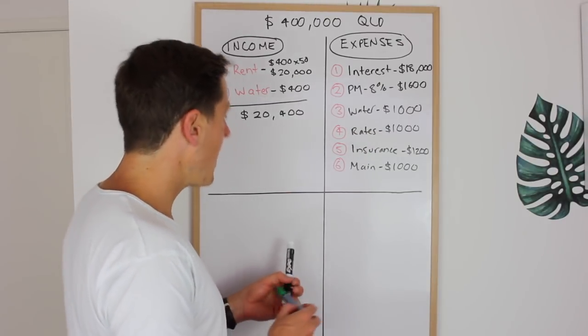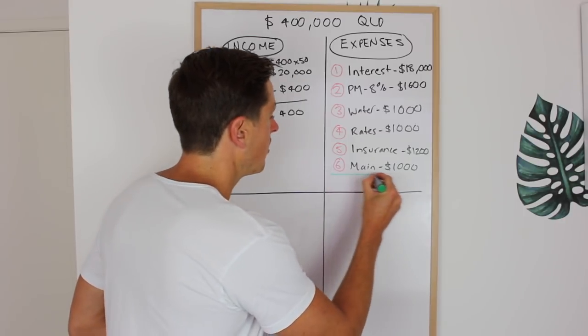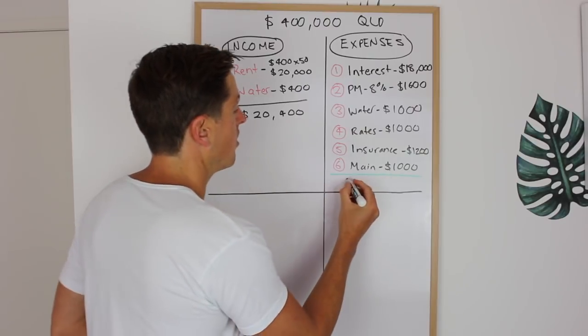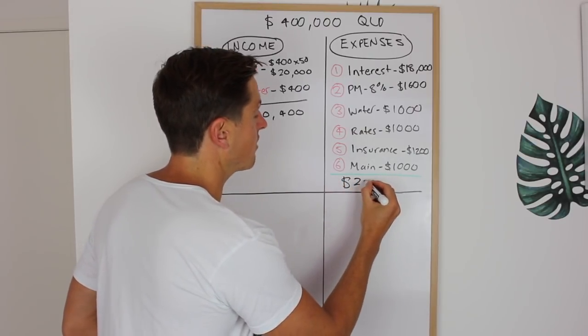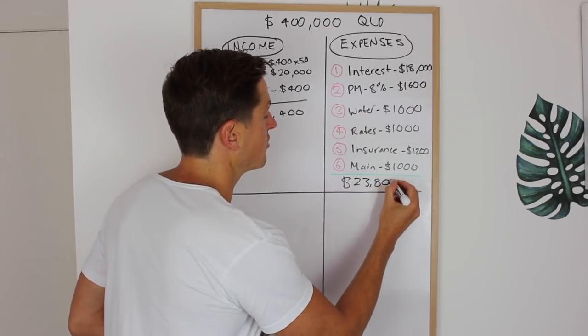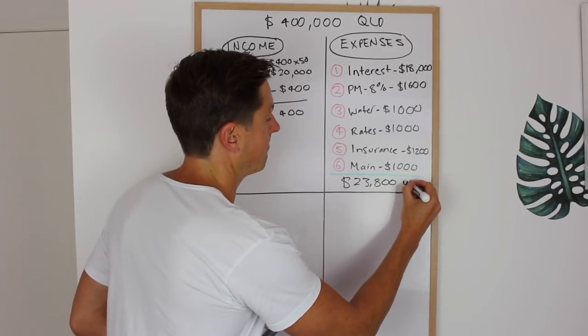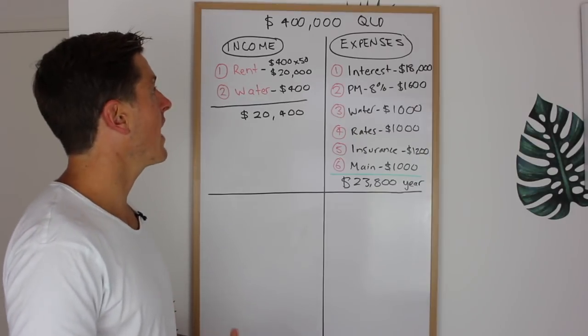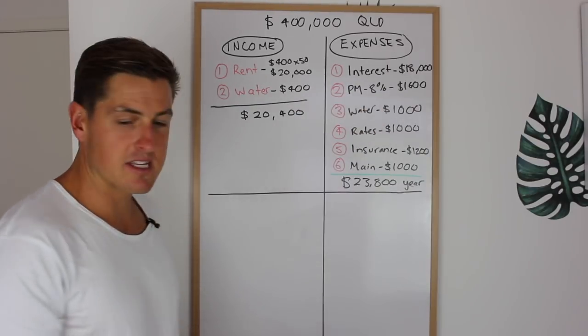So if we add all of that together, what we're really looking at is a total cost of holding the property of $23,800 in a year. Now, it's pretty simple then to work out what your income versus expenses look like.